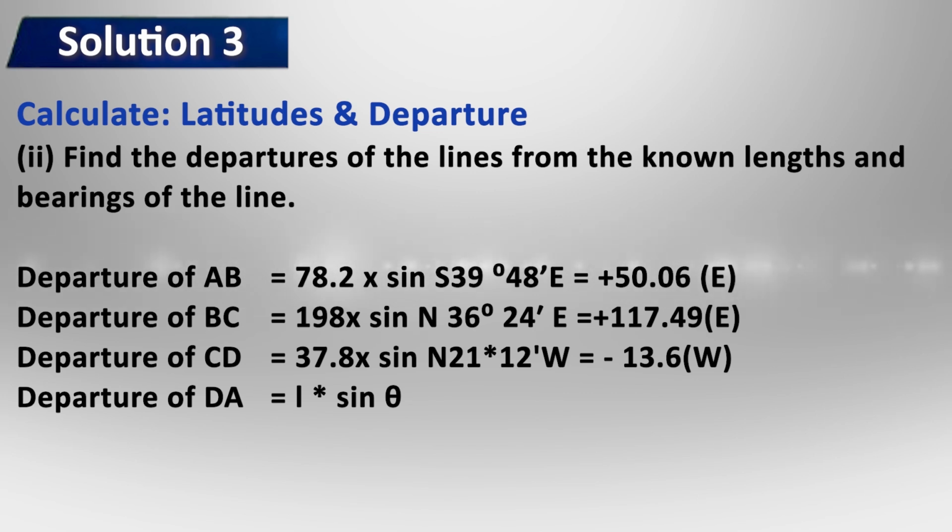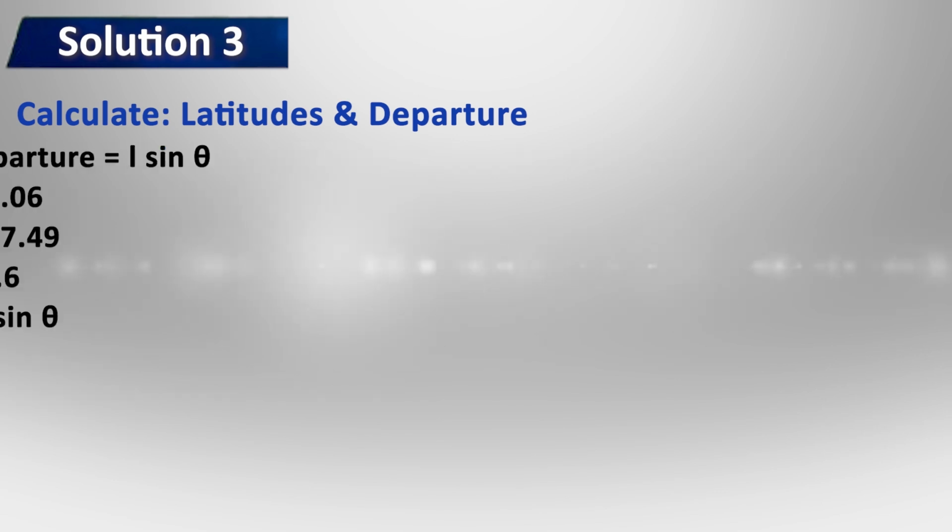It comes out to be positive 117.49 towards east. Departure of line CD would be equal to 37.8 into sine of angle 21 degree 12 minutes, and departure of line DA would be, again, length and bearing both unknown, so we will keep it as L sine theta.